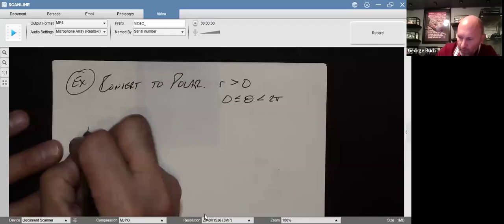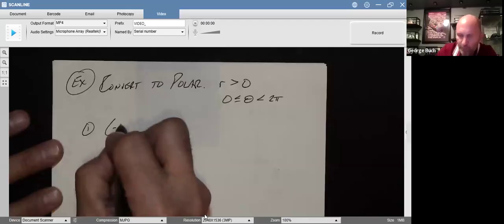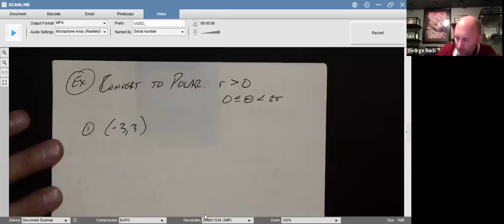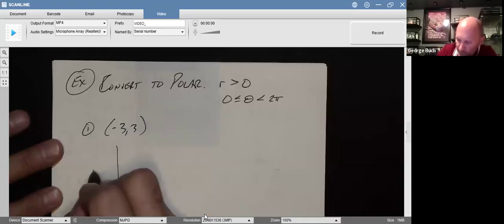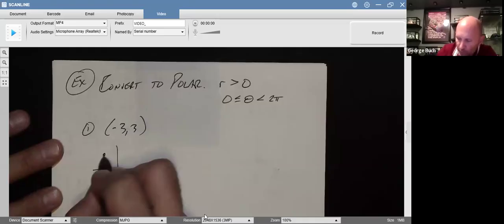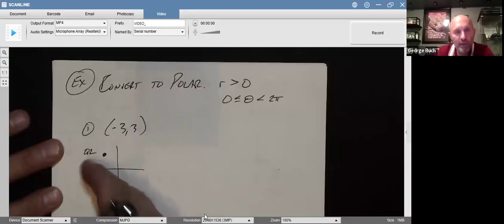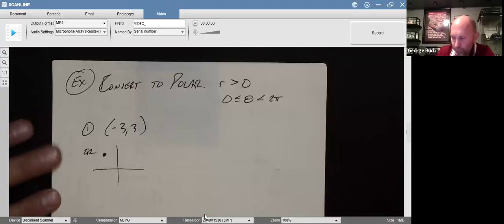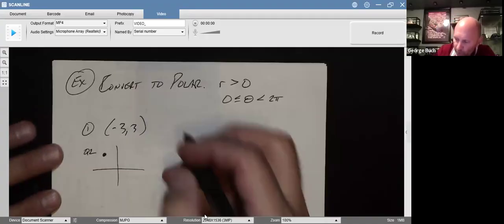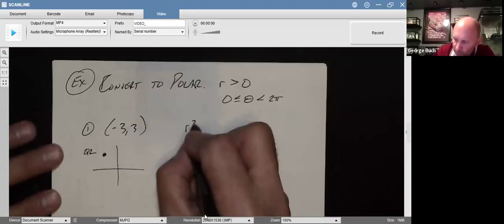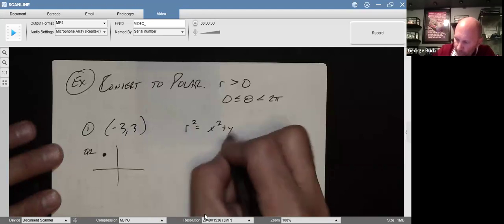So the first one, I have -3, 3. Same thing. Let's plot this, -3, 3. So that's up here in quadrant 2. So my values at the end better put me in quadrant 2. So first, r squared is x squared plus y squared.